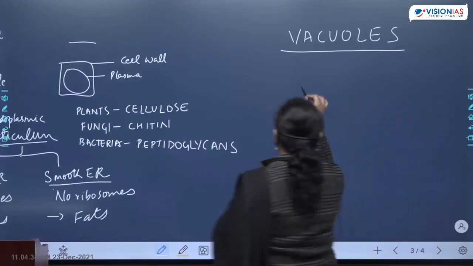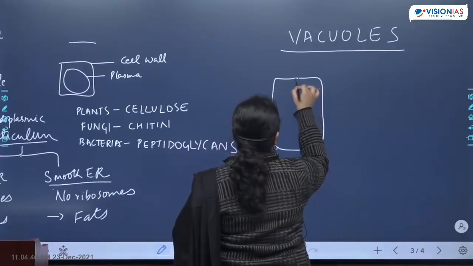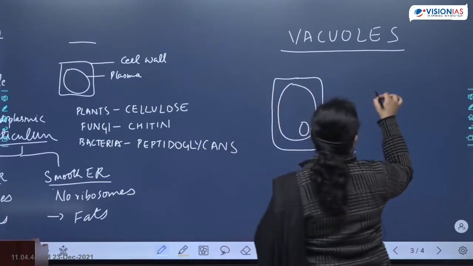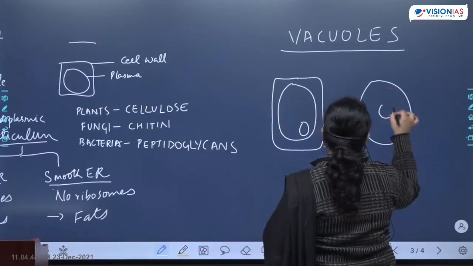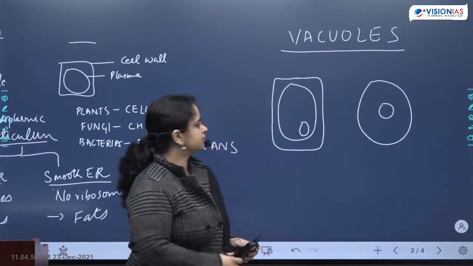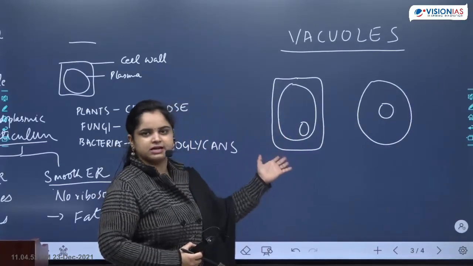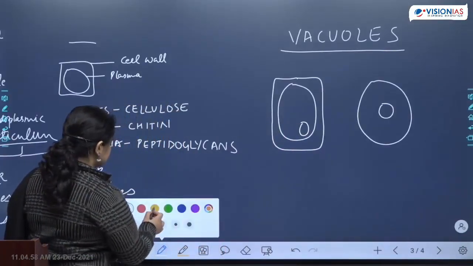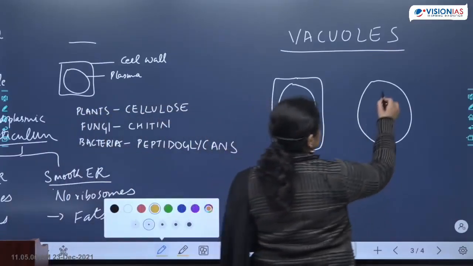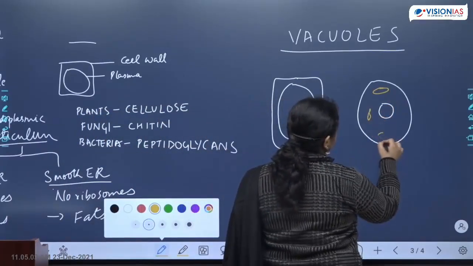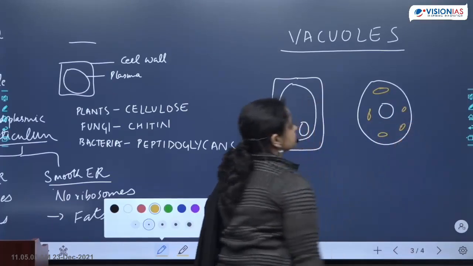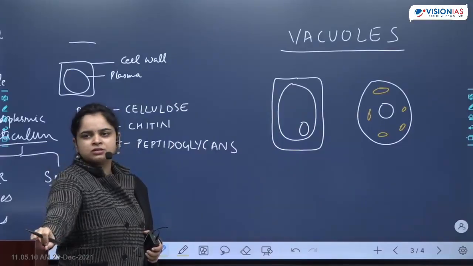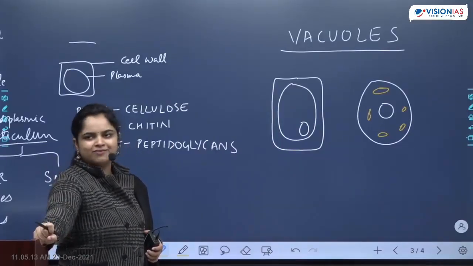Now the structure of vacuole is different in plant cell and in animal cell. So this is the plant cell with the cell wall, and that is the animal cell. What we see is, in animal cells, there are small multiple vacuoles, more than one, and smaller structures which are going to be vacuoles.